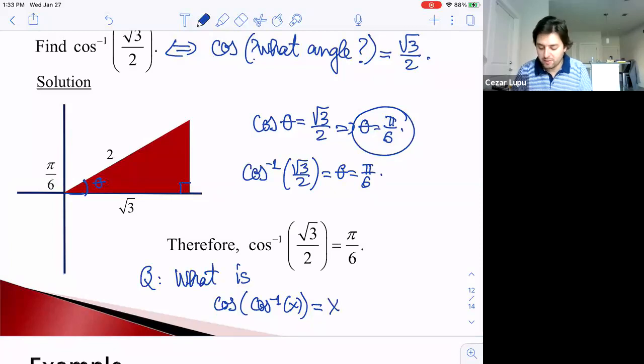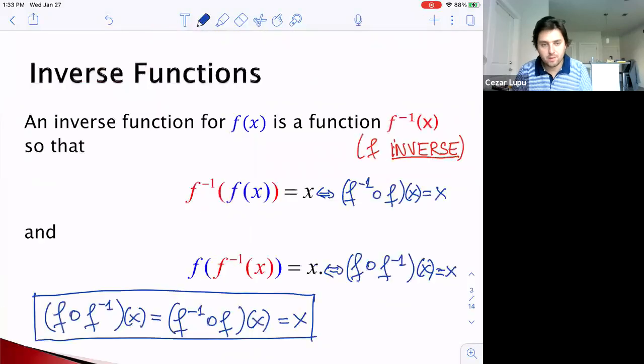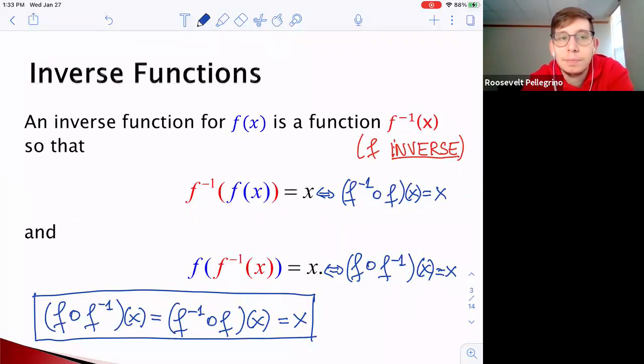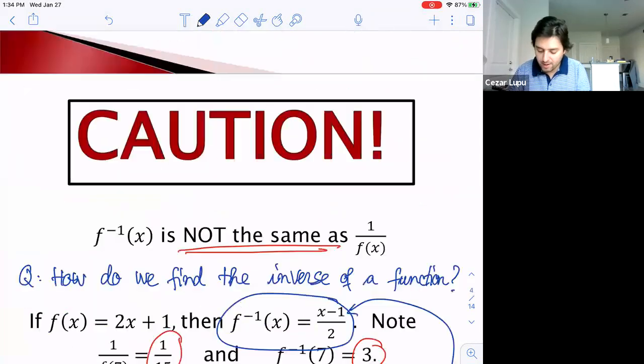Remember the very first definition, let me go back. All students, look here. What did we say about the inverse functions? We said that an inverse of a function f of x is a function f inverse. So in our case, if you take cosine and cosine inverse, either way you compose them, on the left or on the right, it has to give you the identity. That's why I insisted at the very beginning on this.